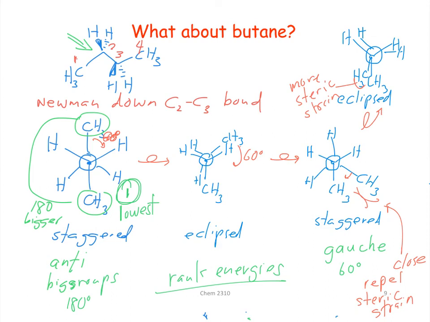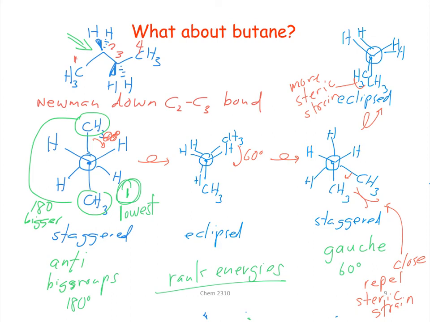Because remember the last drawing that we had, all the staggereds were the low points in energy, and the eclipses are always high points in energy. So they're kind of like transition states in this movement. It's never going to stop at the top of the curve. It's never going to stop eclipsed, unless there's some other part of a bigger structure that really holds it there.